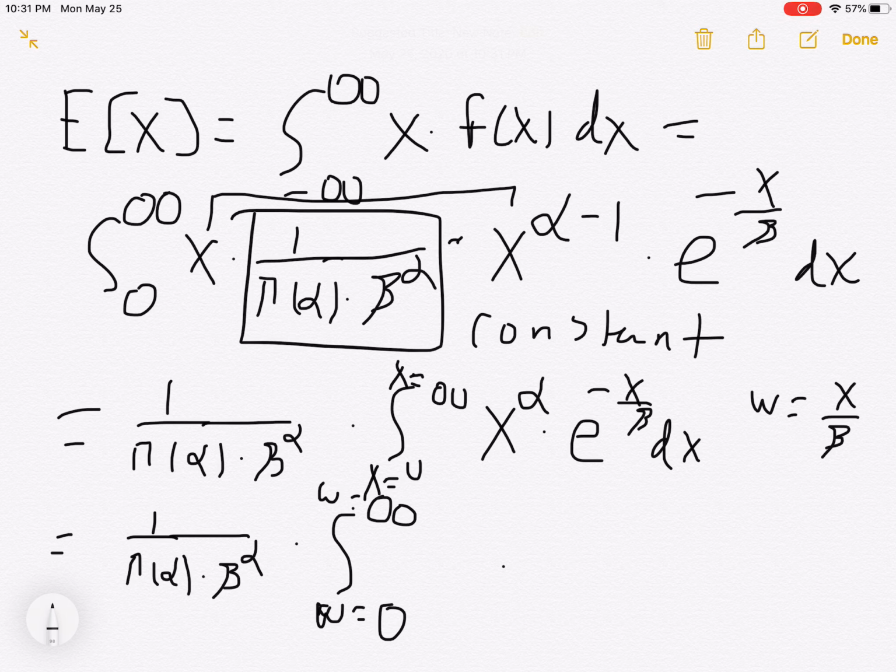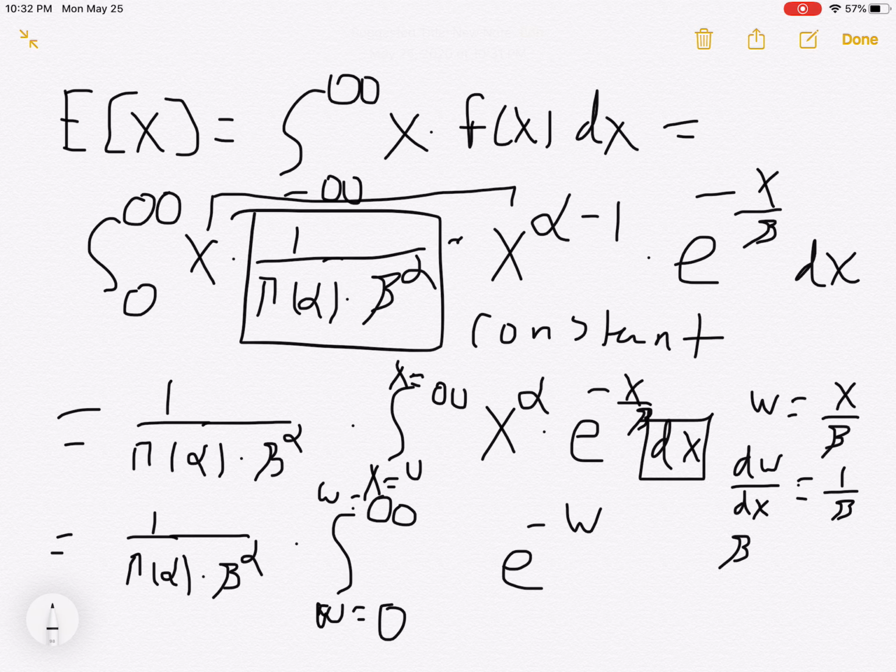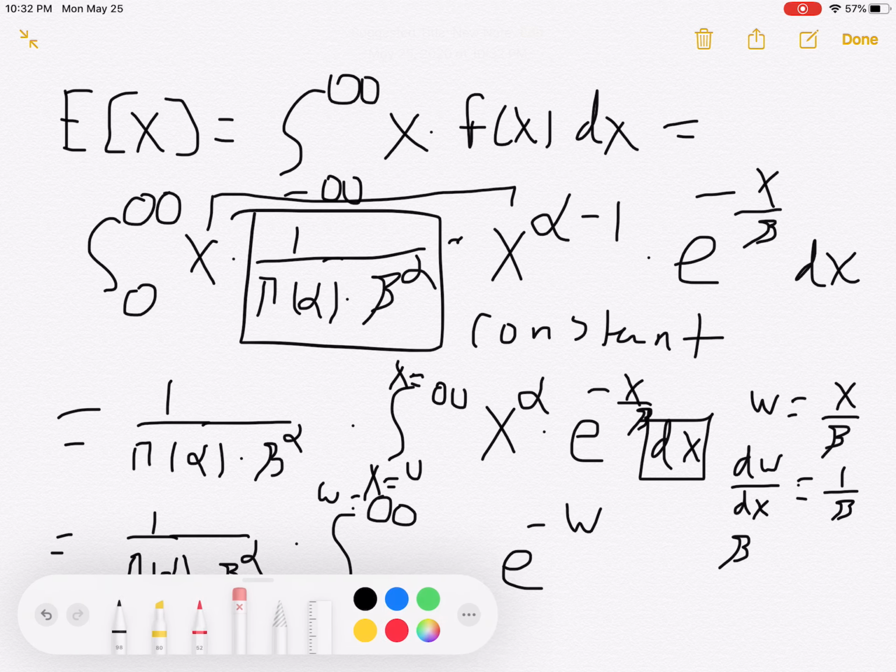And now I'm going to get e to the minus w. dw dx is going to be 1 over beta. So instead of having a dx here, beta times dw is what I'll have.